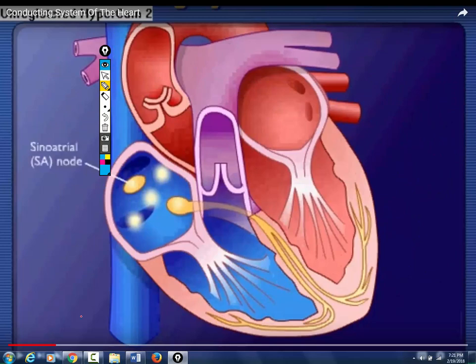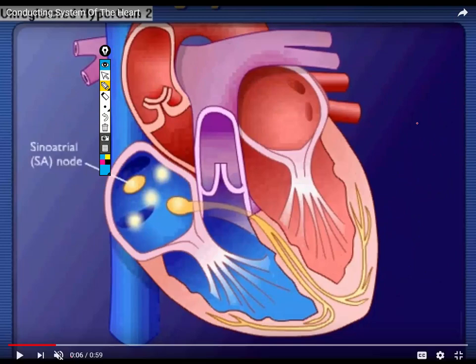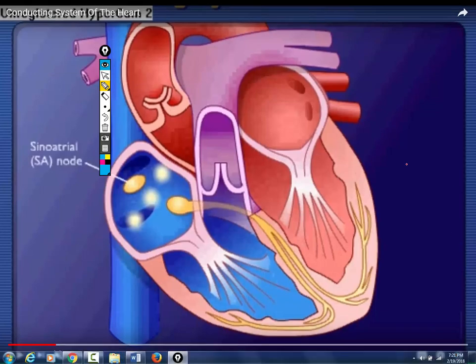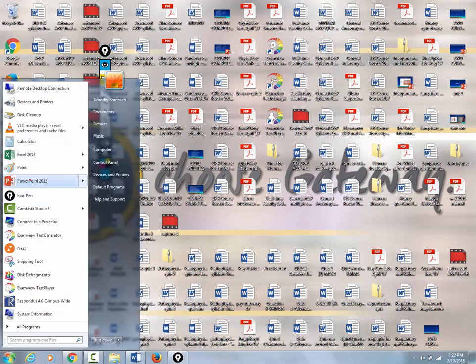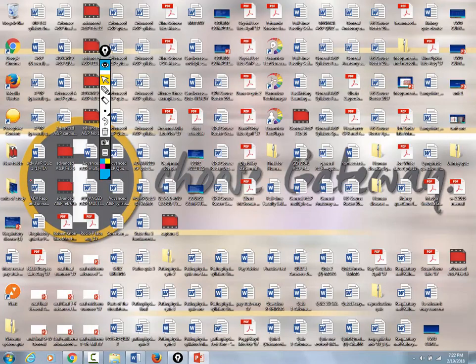Okay, now this is going to get a little bit dicey. All right. So what I'm going to try to explain to you is how the electrolytes actually move in heart cells in order to produce that electrical activity.